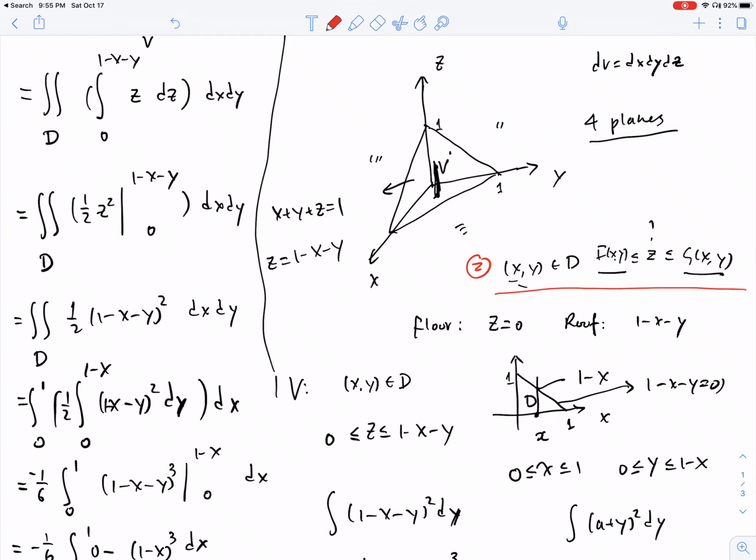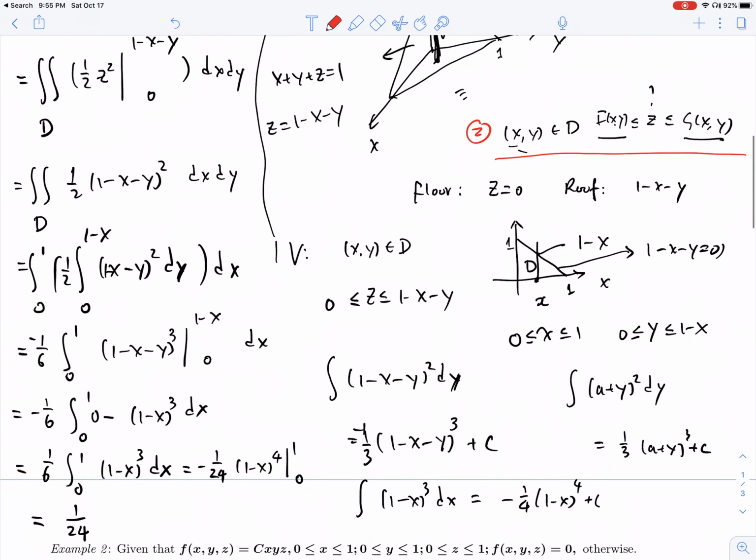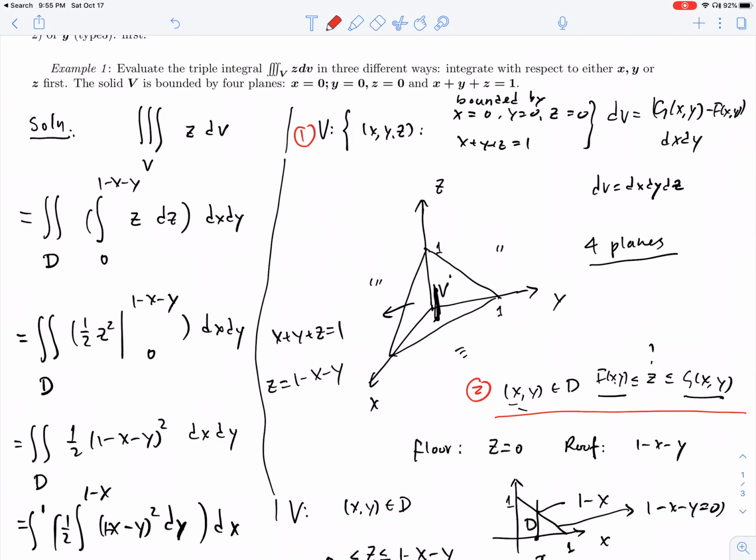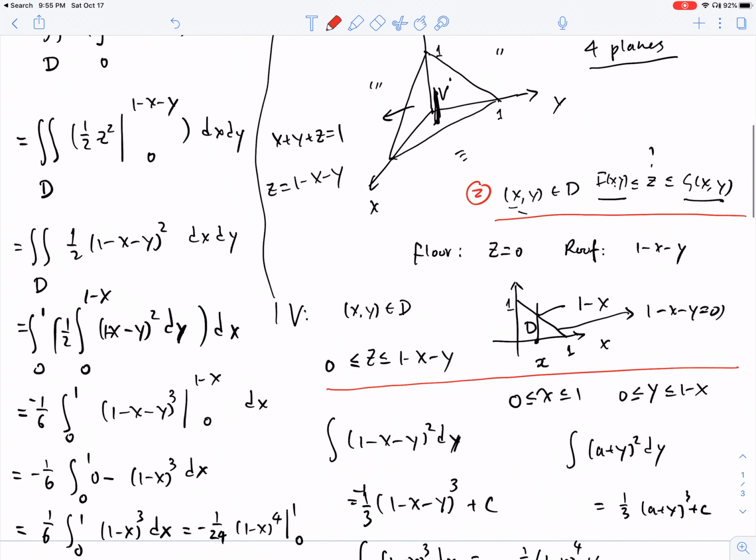The floor function and the roof function, and z is between these 2. And this second step is crucial because now it enables us to convert a triple integral into a double integral. Inside is just a definite integral, a single integral, you can say. And then evaluate it very carefully.